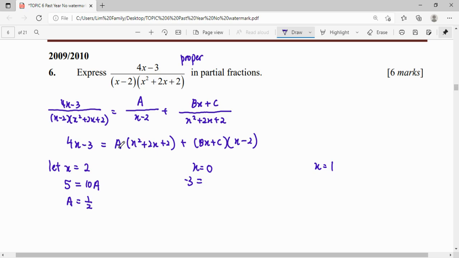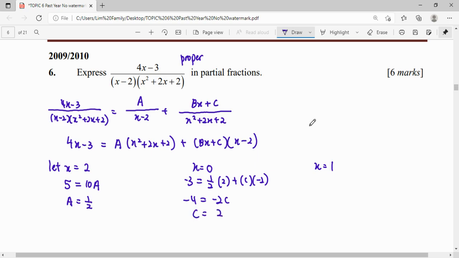Here, apply our a, which is 1 over 2 times 2. And for bx, when we substitute 0, we are left with c times negative 2. So negative 4 equals negative 2c, and c equals 2.